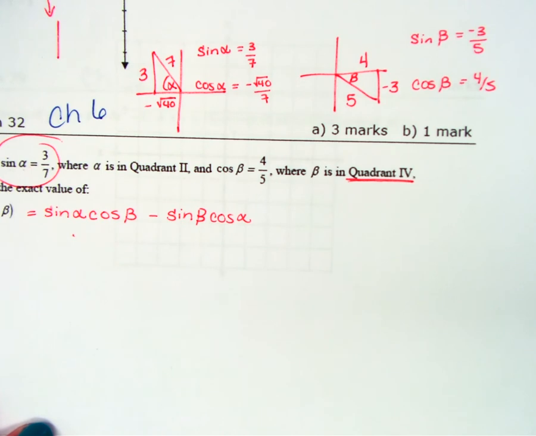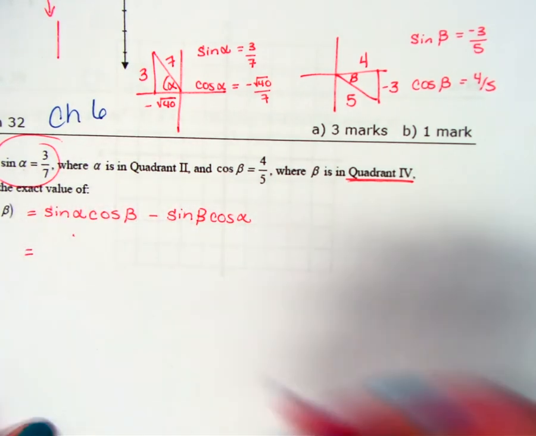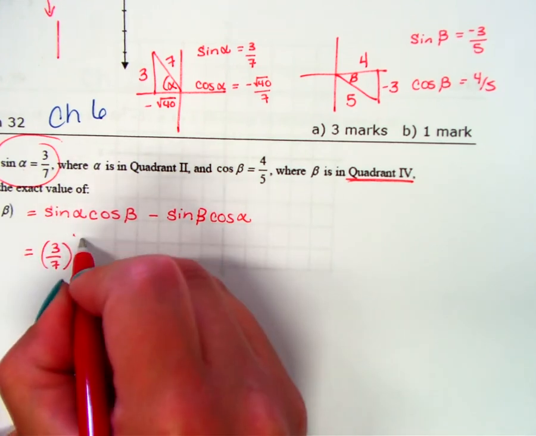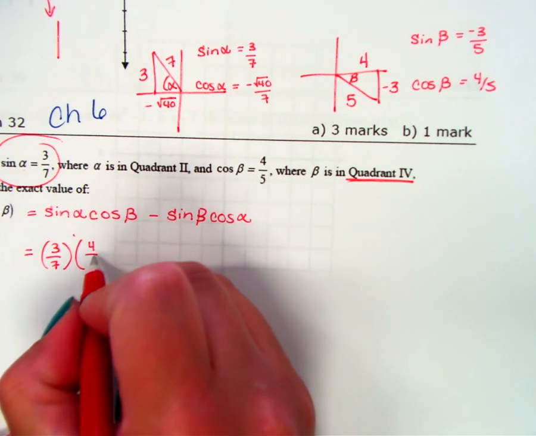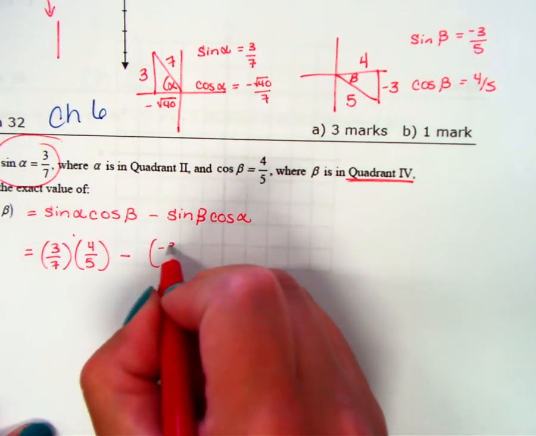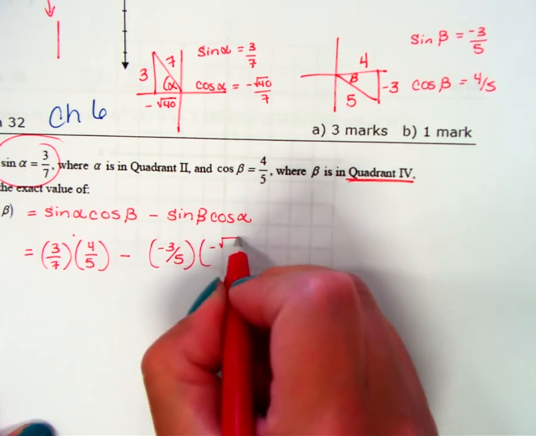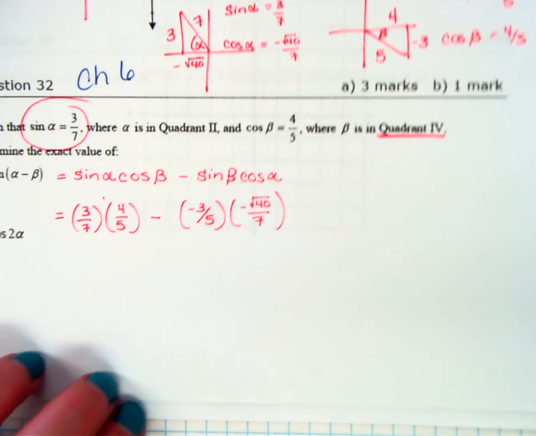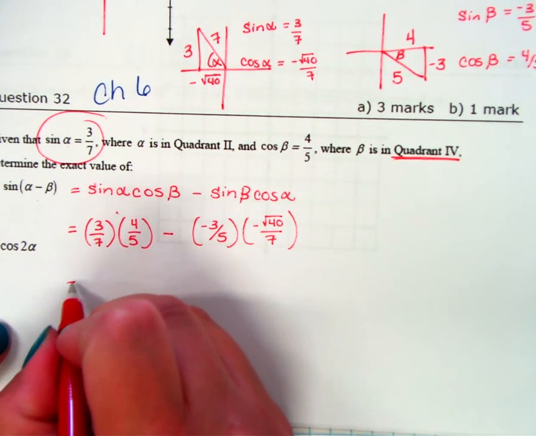Okay? So this one, we're just substituting stuff in. So sine alpha is 3 over 7. Cos beta, so I'm hopping over here, is 4 over 5. Subtract sine beta, which is negative 3 over 5, times negative root 40 over 7. Now remember, you don't have a calculator at this point. Still, the calculator's long gone.